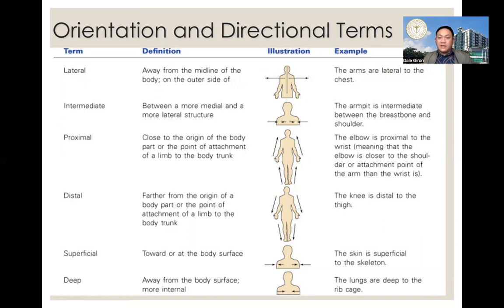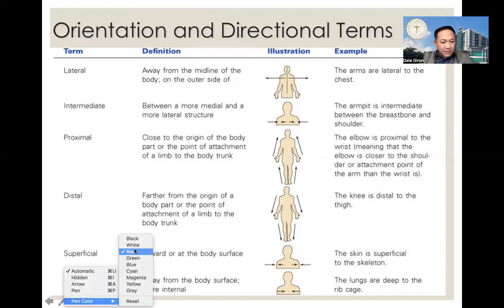So the arms here, example, the arms are lateral to the chest. Nasa gilid siya. So they are lateral to what's in the middle. Okay? So look at the illustration, no? Very good. Kasi yung arrow is papunta sa labas from the middle. So that is the difference between medial and lateral.